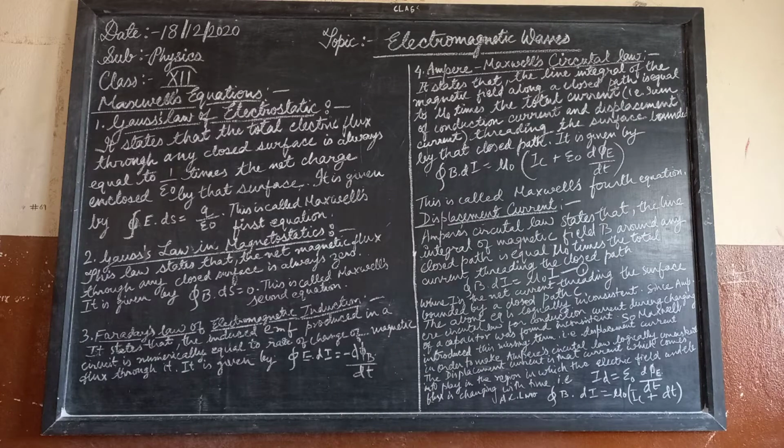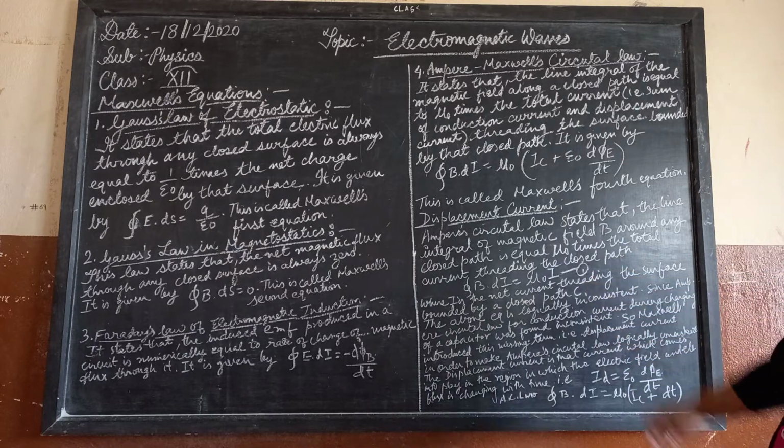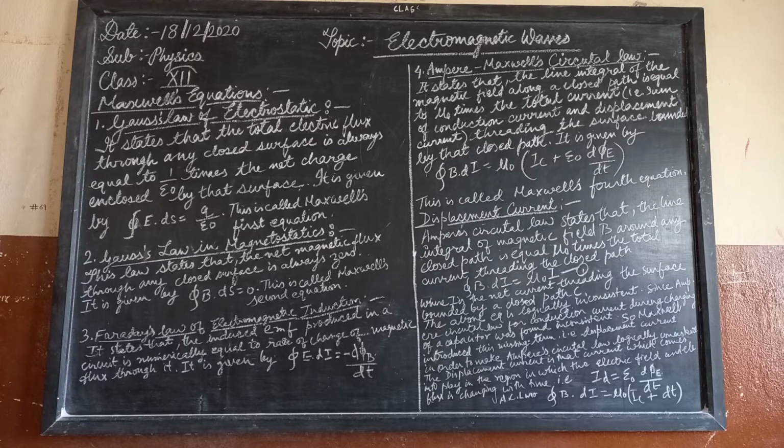Why is it inconsistent? Because when we go through this particular law, it holds the value mu 0 I, and there is some logical inconsistency in the equation itself. So what happened? Maxwell deduced this missing term.